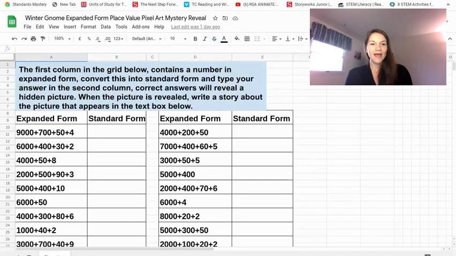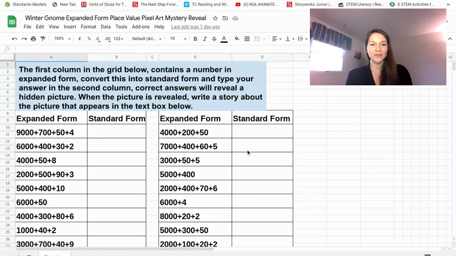In addition to that, you have another pixel art that you will be doing. They give you the expanded form, and you're going to put this in the standard form. The standard form is the number. Okay, so 9,000 plus 700 plus 50 plus 4, the standard form would be 9,754.